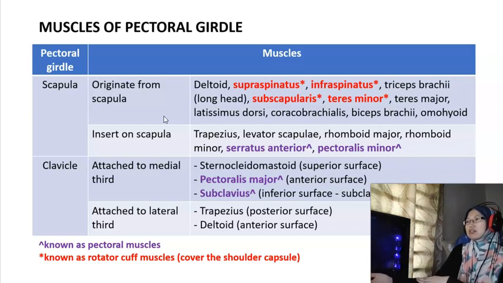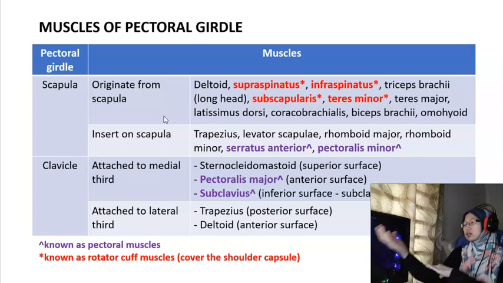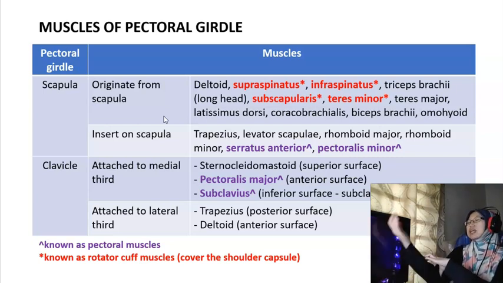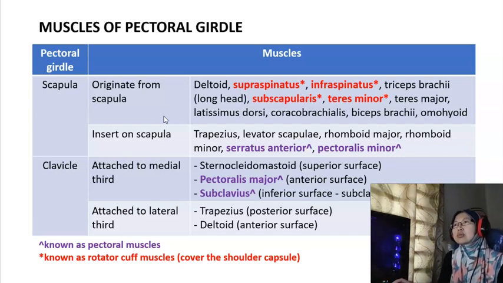Humerus, medial epicondyle of humerus is the fixed point. This is the insertion part. When the muscle contracts, it flexes the elbow. Okay, so where were we?